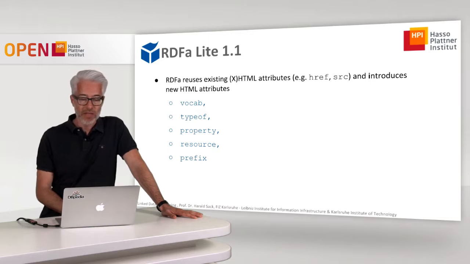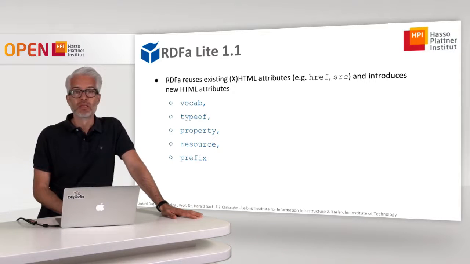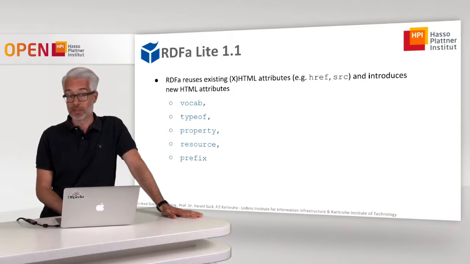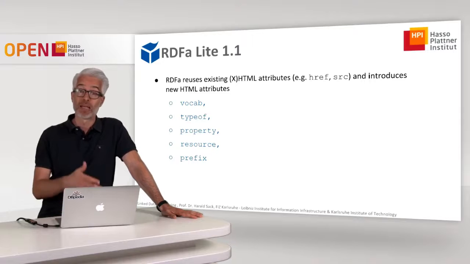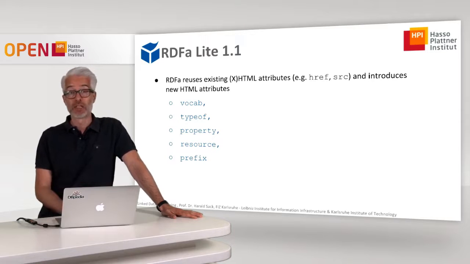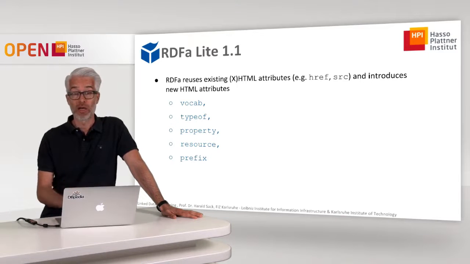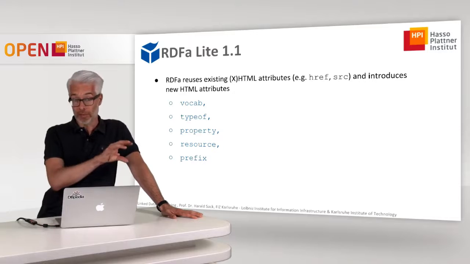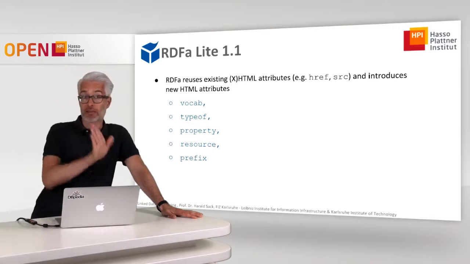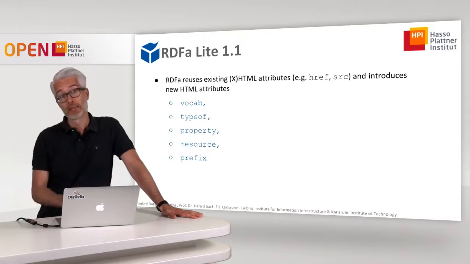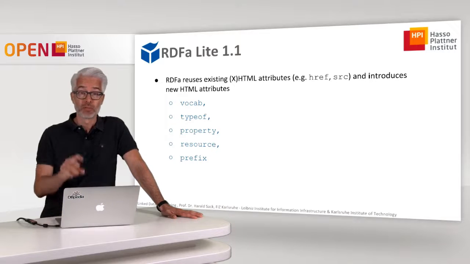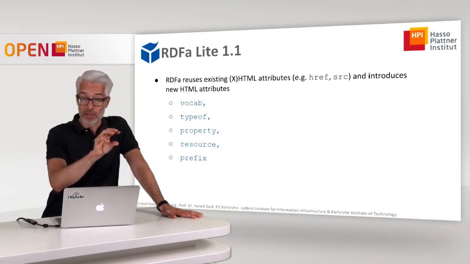So, which kinds of attributes are used? For example, href and src are usually used in the same sense as in HTML to denote a URI. For example, you know the anchor tag a. There, href is used as a reference hyperlink, and in the same way it is also used in RDFa. And you maybe know the img element in HTML.